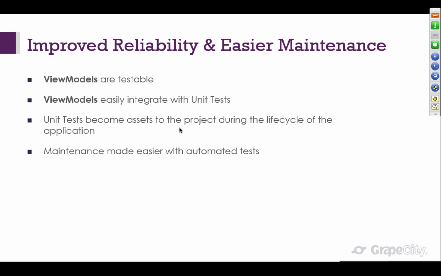So we have improved reliability and easier maintenance. Another nice benefit is that view models are isolated pieces of code, and that's where all your application logic is kept. So each view model can be tested on its own, and it's really easy to integrate unit tests into view models.